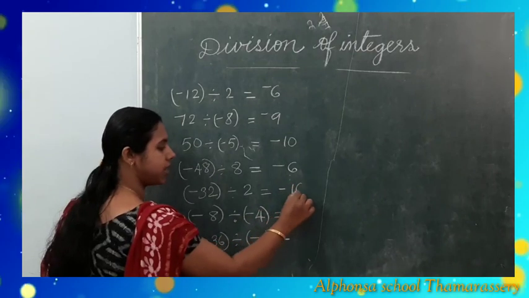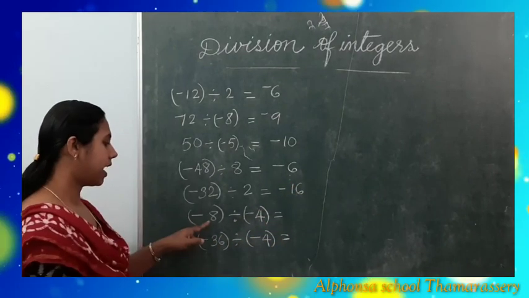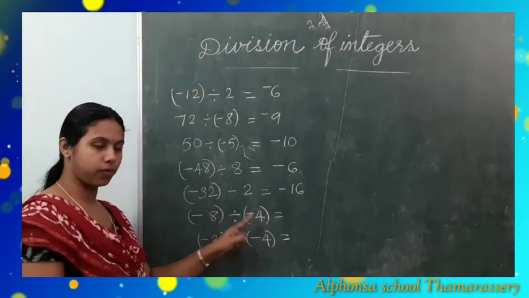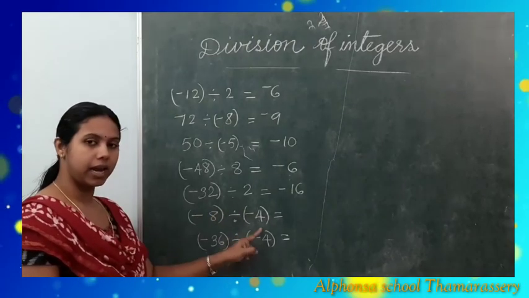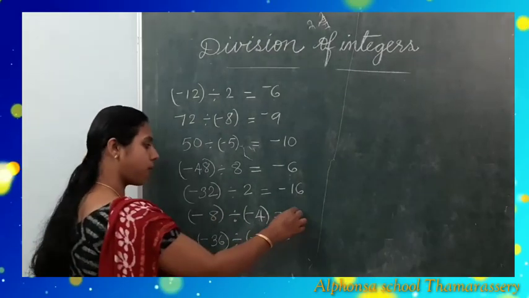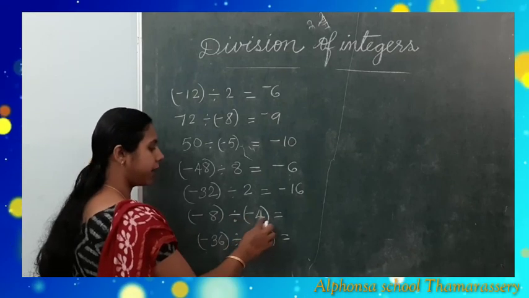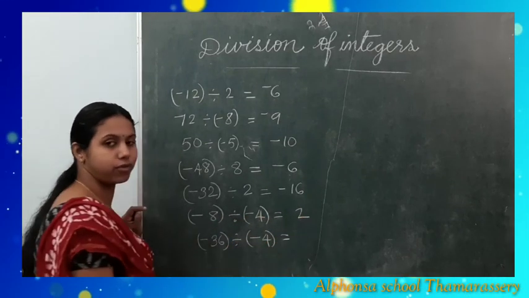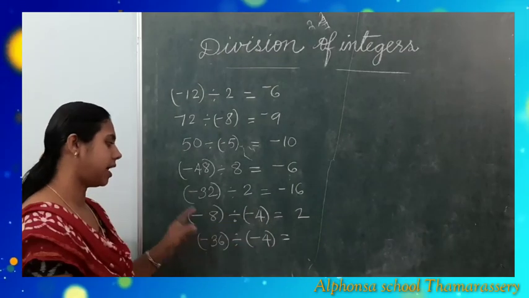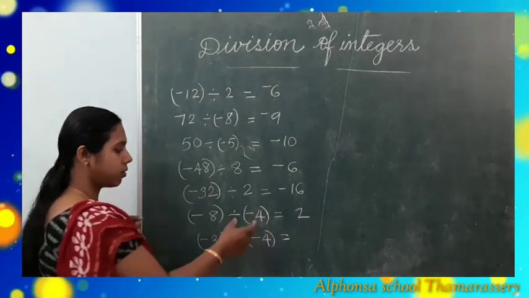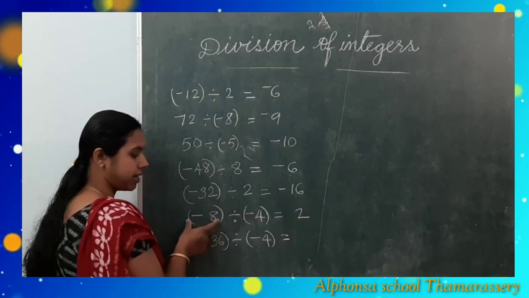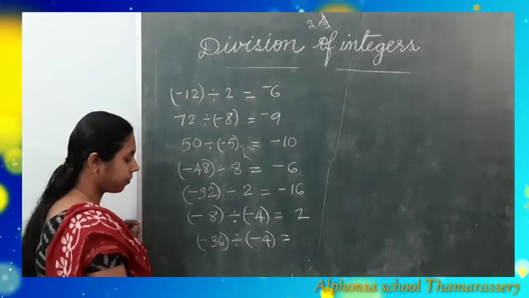Minus 16. Minus 8 divided by minus 4. Negative divided by negative is equal to positive. Negative by negative is positive. 8 divided by 4 is 2. Positive 2. 2 fours are 8.